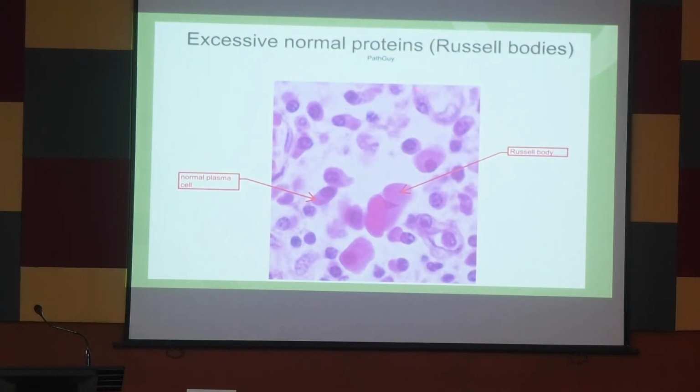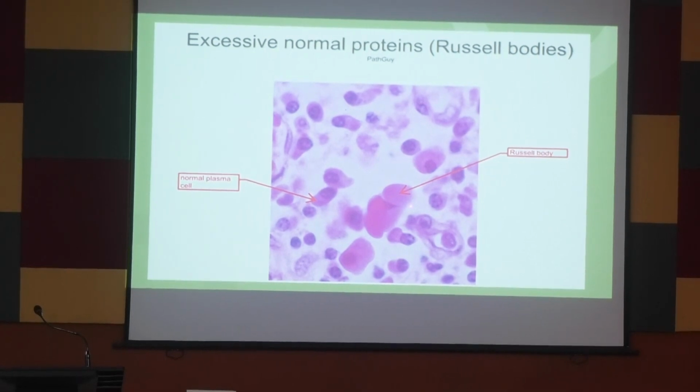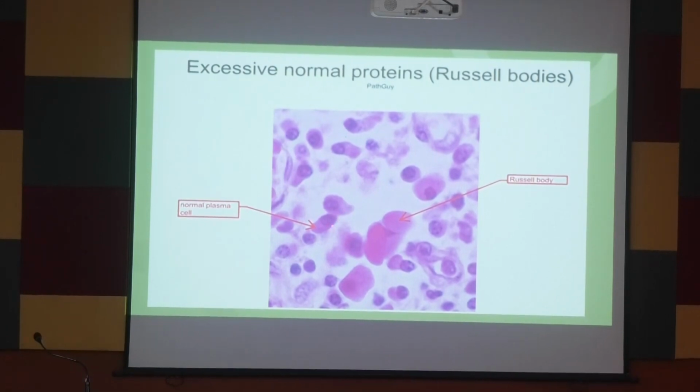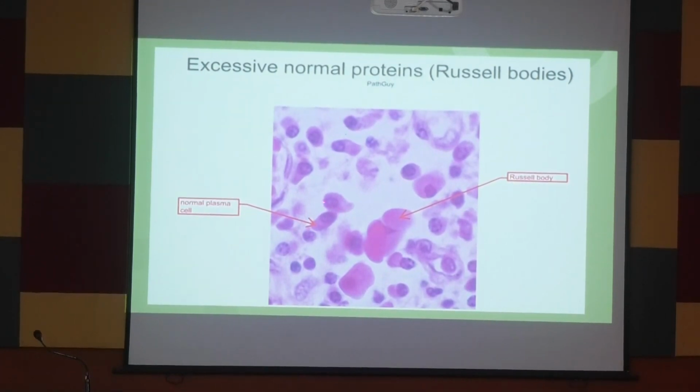now excessive normal proteins or immunoglobulin. This is a Russell body. Okay, this is a plasma cell. Okay, normal plasma cell, B cell or plasma cell. Okay, eccentric nucleus, moderate amount of cytoplasm, অনেকটা ডিমের মতো দেখতে, ovoid shape, but this is a Russell body.